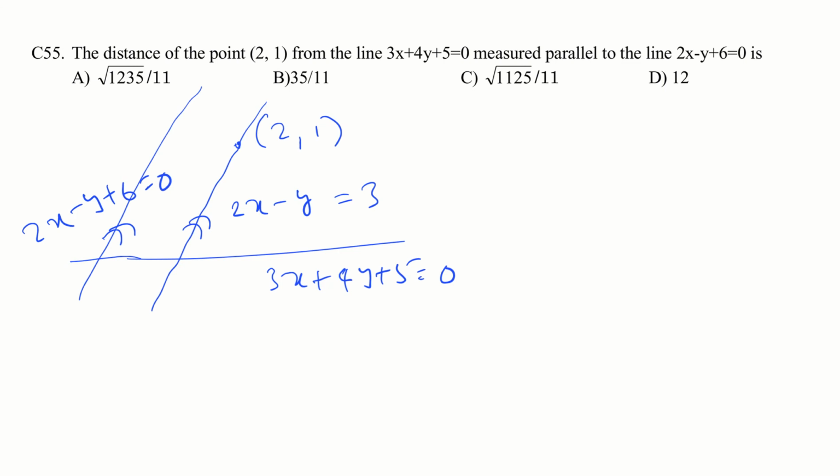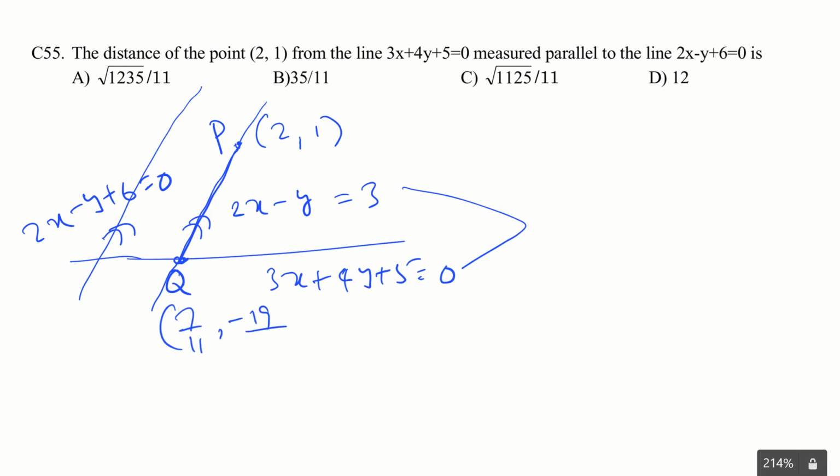And now if I call this point as P and this point as Q, we just need the distance PQ. For that solve these two for the value of Q and then find distance between them. Solving, you get this point Q as 7 by 11 comma minus 19 by 11. Now you apply distance between the points formula, you will get your answer. Let's go to next problem.